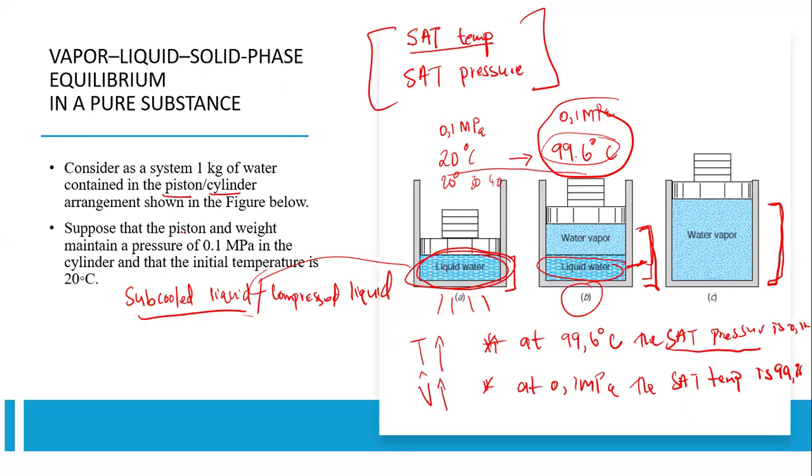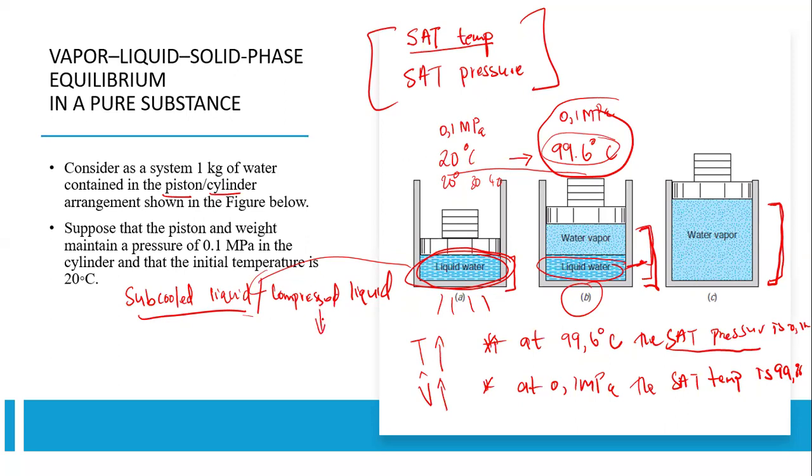I said subcooled implies temperature, but it's the same thing, by the way. It is the liquid that is experiencing a temperature less than 99.6, which is the saturation temperature. So for the compressed liquid, the pressure is greater than the saturation pressure at the given temperature.